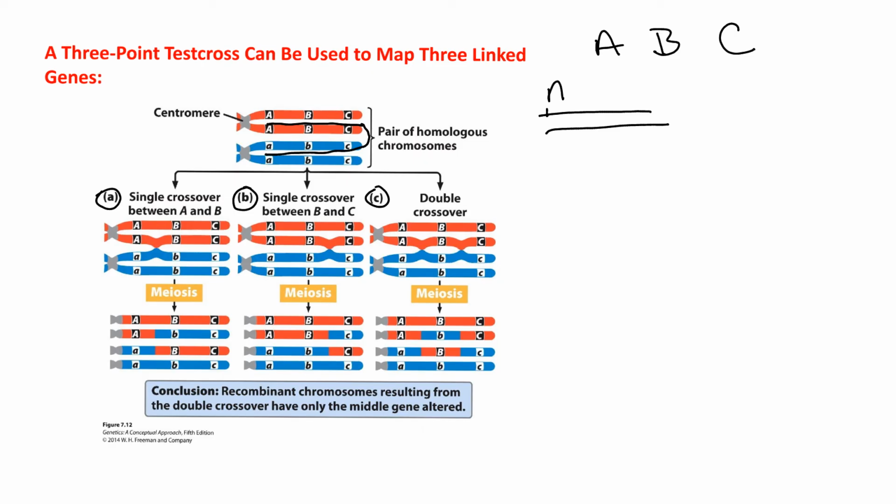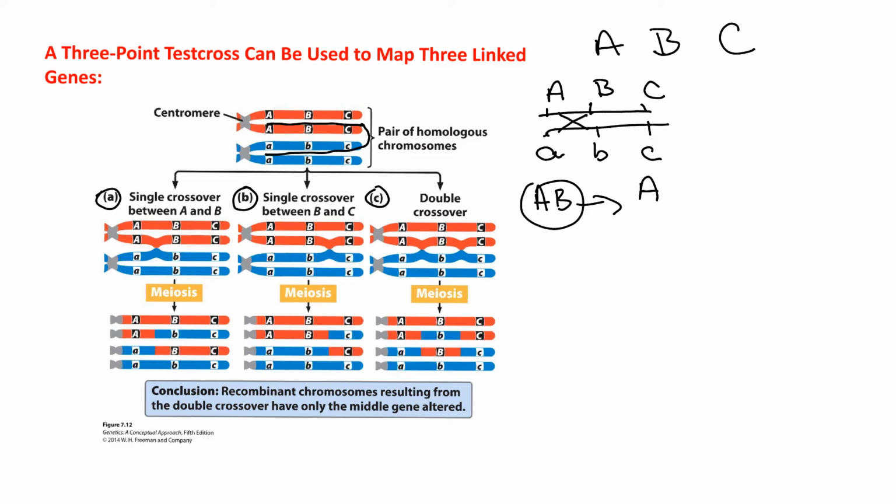So what would happen if you have single crossing over between genes A and B? After the single crossing over between genes A and B, you will get recombinant progeny which would have a composition of alleles of this region A, B, C and A, B, C.